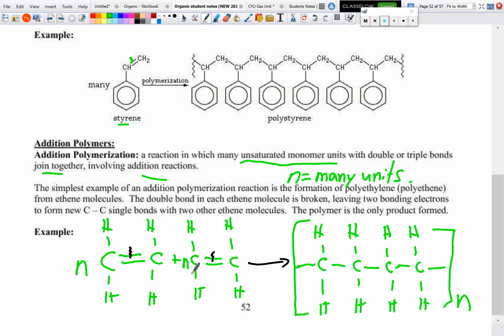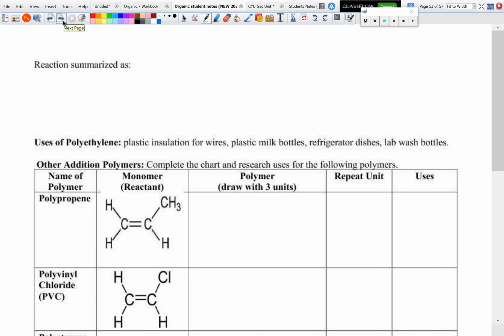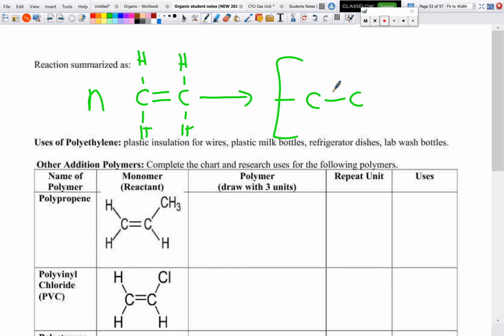Now, sometimes, especially at this one right here, where it's the same unit, we'll notice it's a little redundant saying n ethene plus n ethene. So we can simplify this as well. And that's on the next page right here, where it says the reaction can be summarized if we just go n, and then we go C2H4, arrow, square brackets, and then we write in what once was ethene.